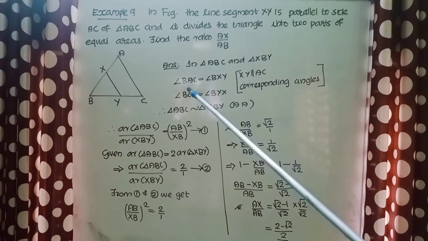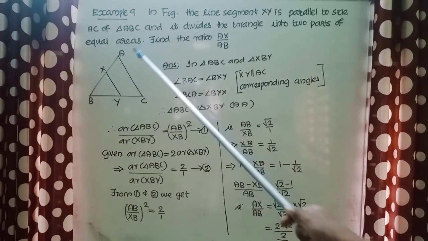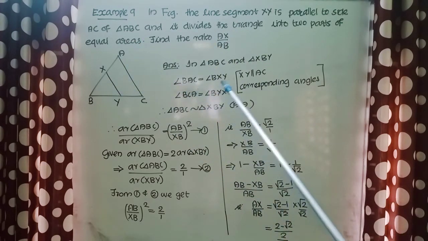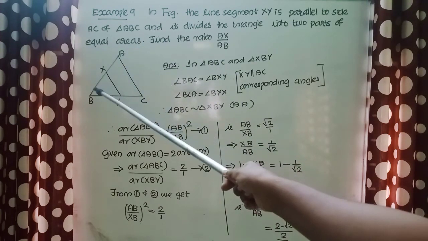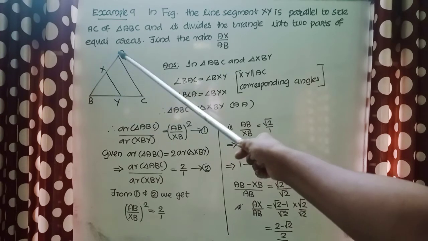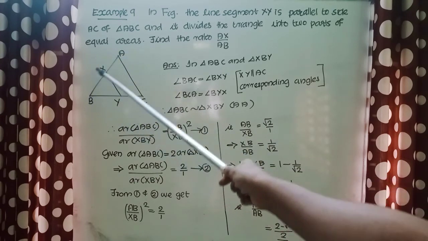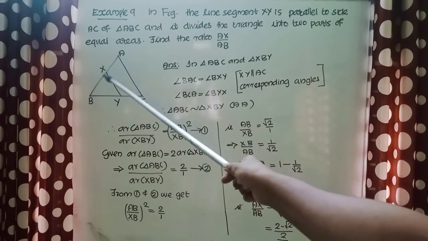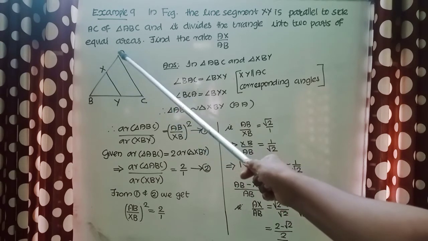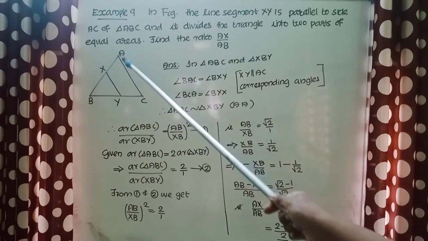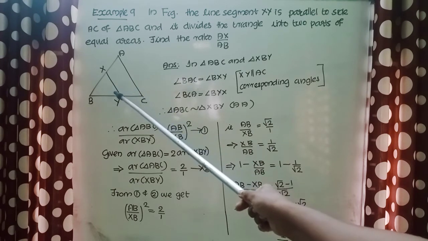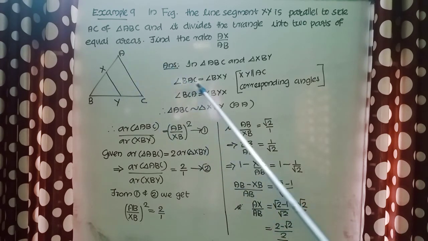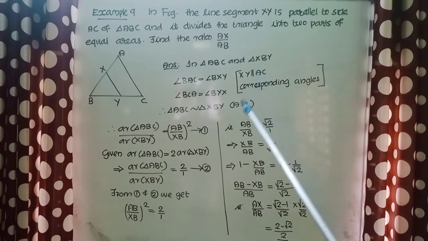First we are going to prove that triangle ABC and triangle XBY are similar. We know these two lines are parallel, so angle BAC and angle BXY are equal because they are corresponding angles. Similarly, angle BCA and angle BYX are also equal corresponding angles.